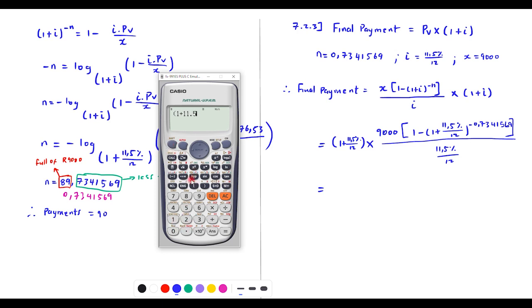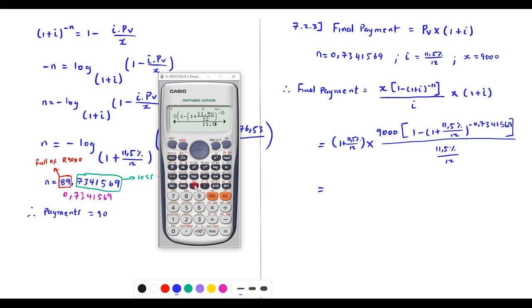Times, now to make this fun, while I'm writing it this way, do it the other way around to see if you're going to get the same answer. 9,000 into 1 minus (1 plus 11.5% over 12) to the power of minus 0.7341569, and then we say over 11.5% over 12.